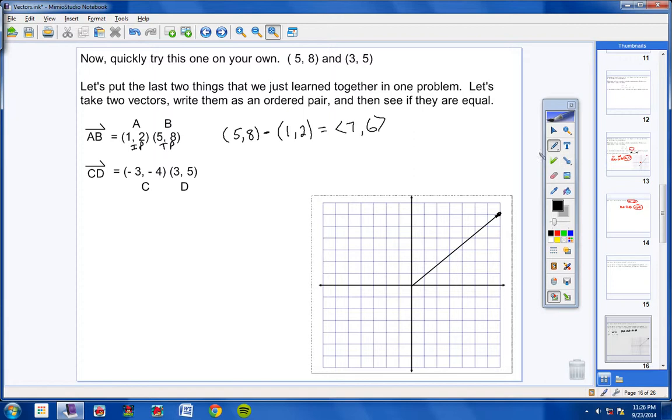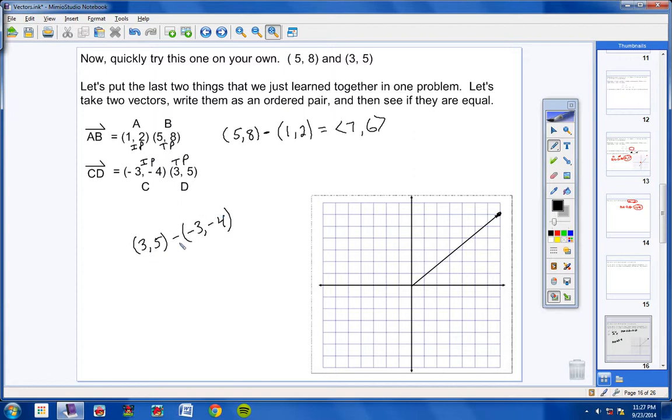Alright, now let's take this next vector here, and of course this is your initial point and this is your terminal point, and we're going to write this vector as an ordered pair. So we're going to take the terminal point, which is (3, 5), minus the initial point, which is (-3, -4). And let's see what we have.